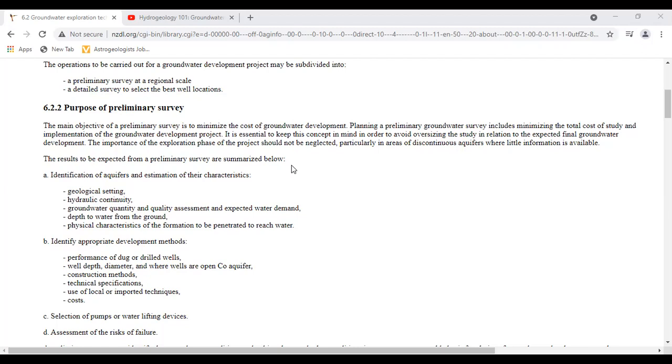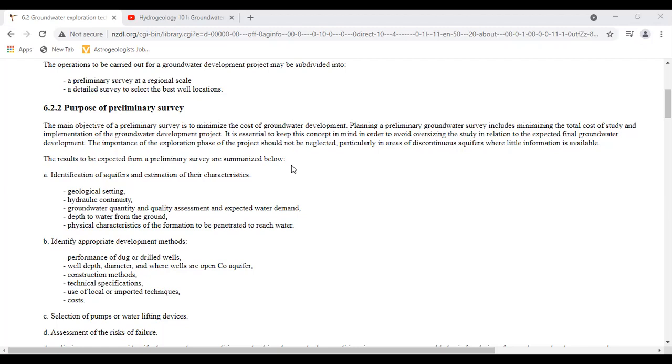So that is also one of the good aspects. And in some cases, even though we identified that the groundwater quantity is sufficient, the quality is not good. So if either quantity or quality is not good, it is of no use to identify all these things.